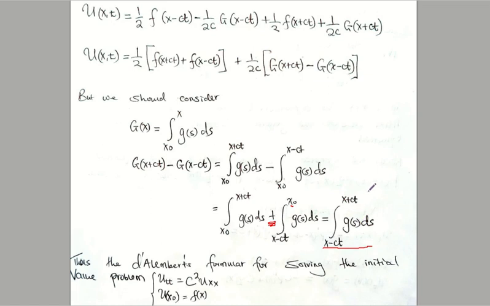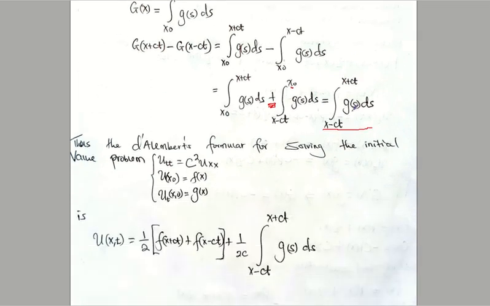And now we have found G(x plus ct) minus G(x minus ct), which we can replace in this particular equation.